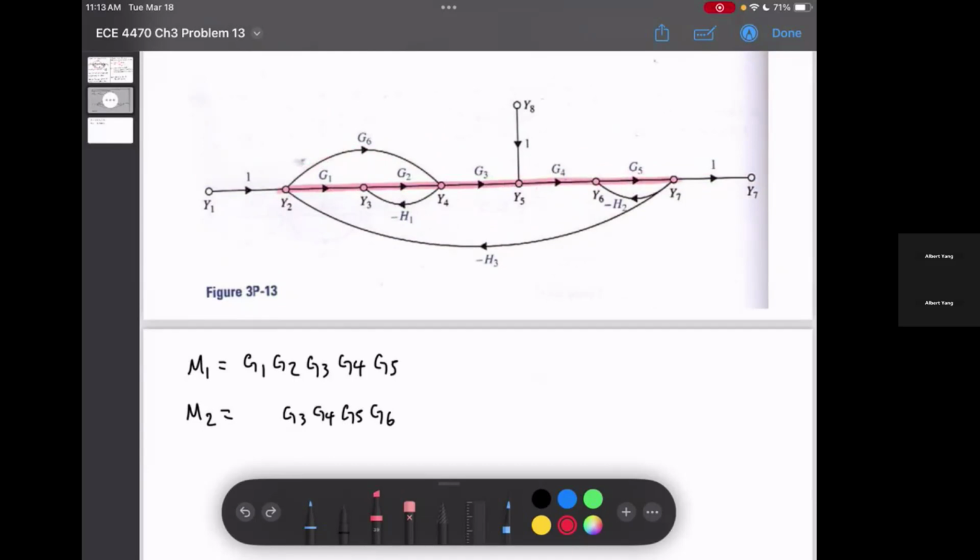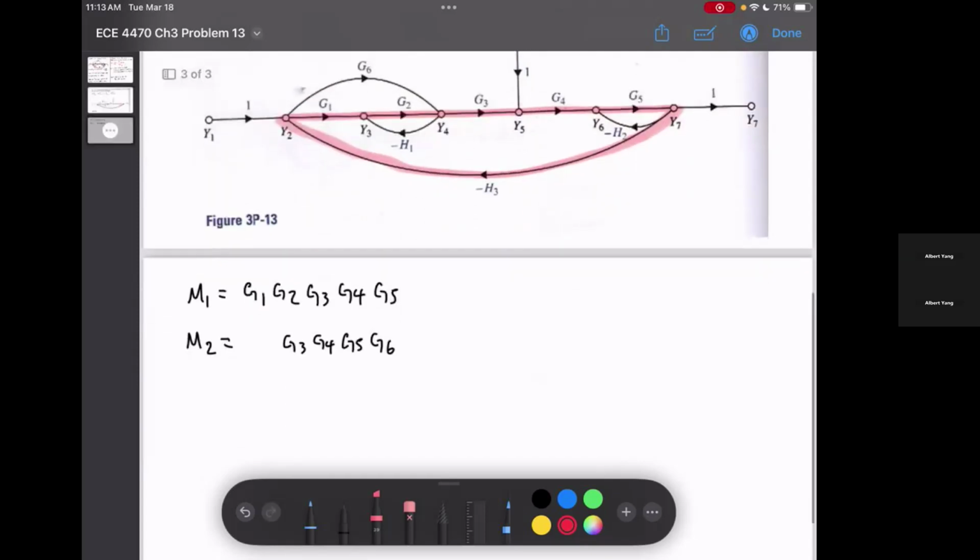Y2 all the way through to Y7 and then back. We're going to do the loop gains: G1, G2, G3, G4, G5. And it's also going to go through negative H3. So we put H3 and then it's negative.